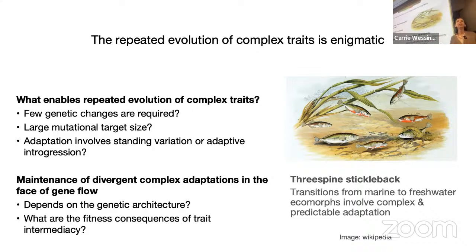This can be relevant when sister taxa have evolved divergent complex traits. So for example, what are the fitness effects of trait intermediacy? Cases of repeated evolution offer us the opportunity to study the origin and maintenance of complex traits using a comparative framework.